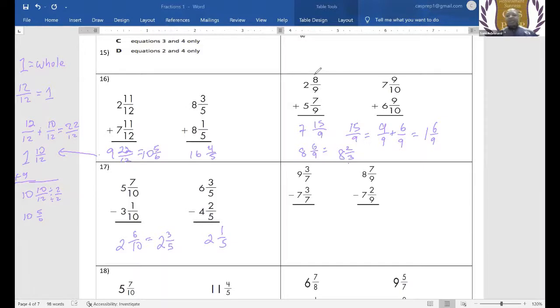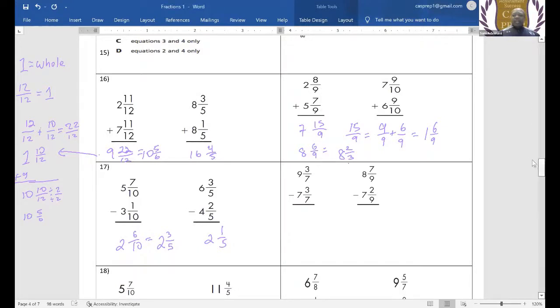All right, so that's going to close it out for our first session. Just to take a look at what we're going to be doing next week. This week we took a look at addition and subtraction with same denominators, proper fractions as well as mixed numbers.